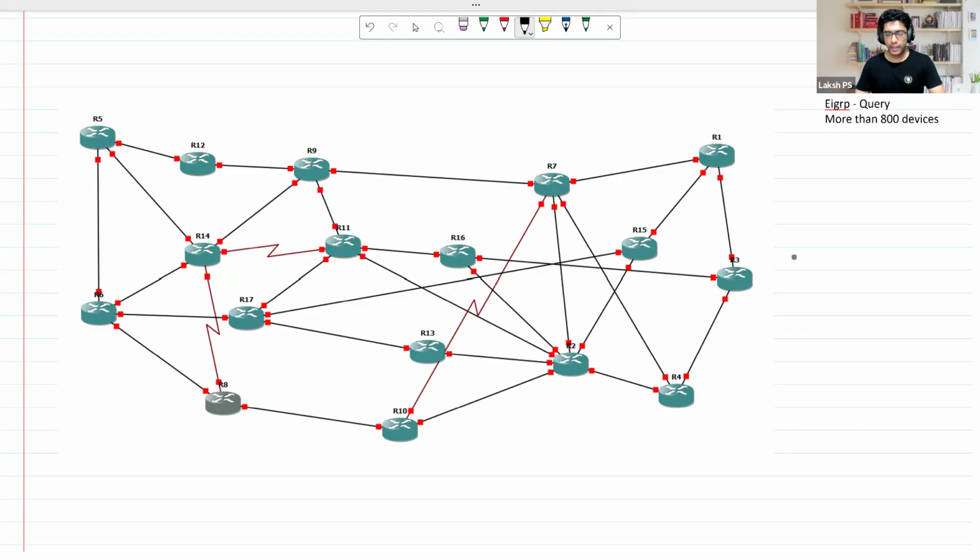So over here, think this is a network, okay? And in this network, we are running EIGRP. First of all, please understand, as I said, the main concern of all IGP protocols is sending the data in the shortest way possible, right?